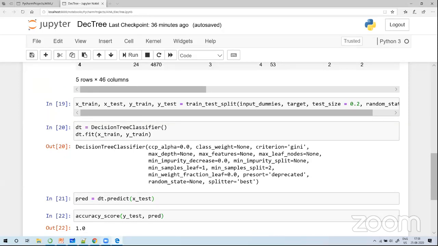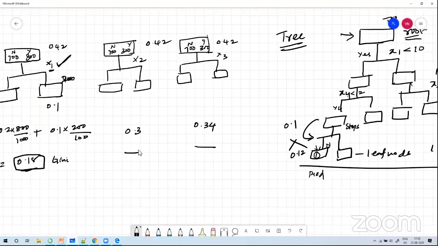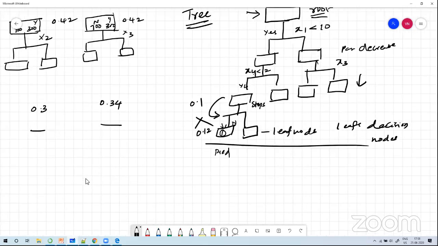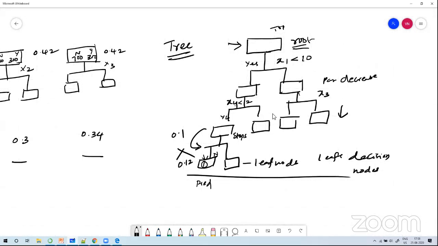I know that's a lot of information over here, and it's definitely overwhelming for a beginner. And trees are so wonderful because you don't have to tell them what variables to use. They are deciding what variables to use, what variables not to use. That's the beauty of a tree. They select their own variables.